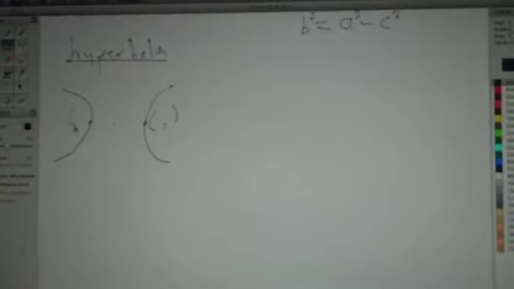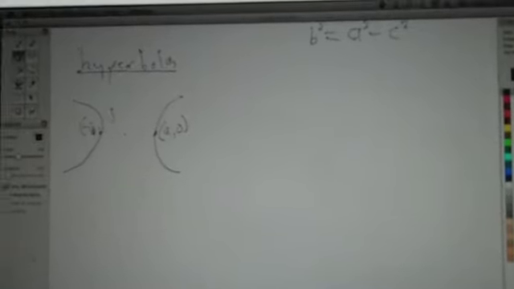A. It is A. Good job, because it's a vertex. It's A, 0, negative A, 0. Foci are out here at C, 0 and negative C, 0. So I have drawn the hyperbola and labeled its parts.